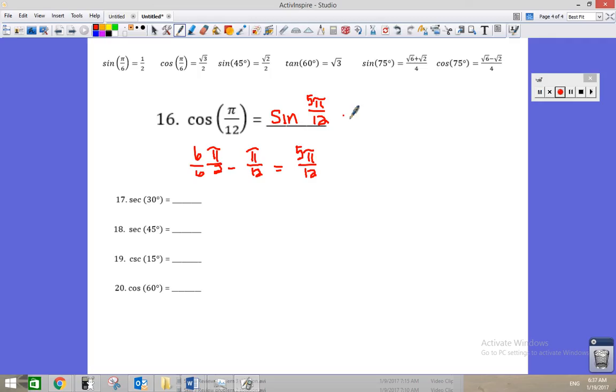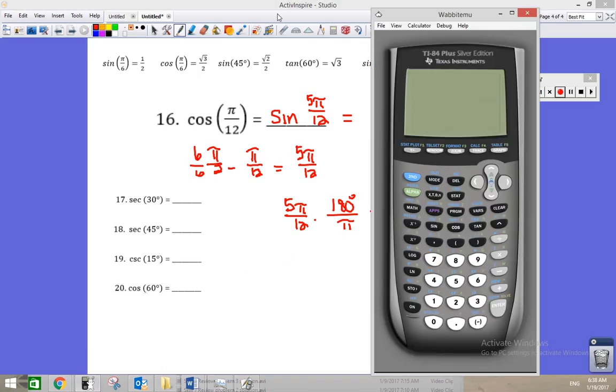When I convert 5 pi over 12 to degree measure, I multiply by 180 over pi, the pi's cancel, and it should be 75. Let's check that on the calculator.